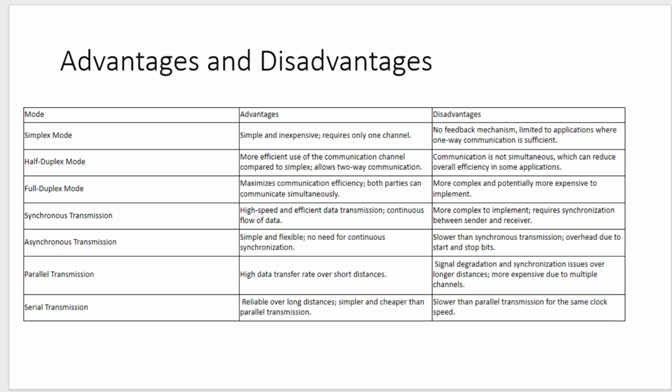Serial transmission, reliable over long distance, simpler and cheaper than parallel transmission. The disadvantage is it is slower than parallel transmission for the same clock speed. So here are the advantages and disadvantages.